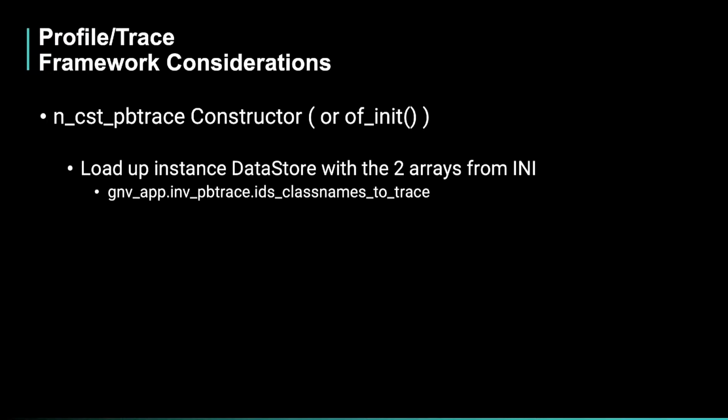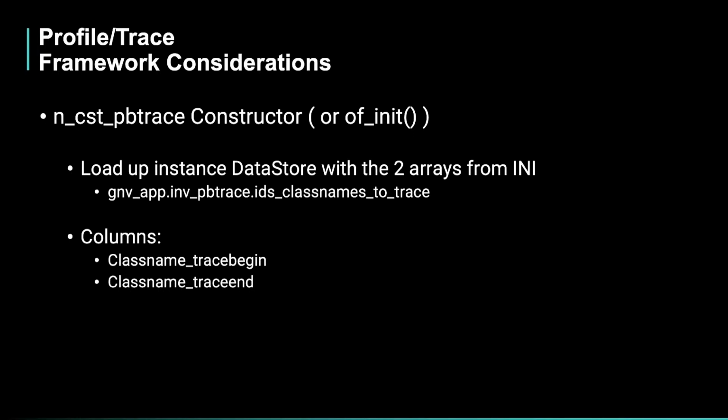We put them in a data store, an instance property of our trace component. This data store will have a data window object that has two columns: a class name trace begin column and a class name trace end column. All right? We're actually a prep cook right now. We're putting everything in a row so that our chef can actually put these ingredients together.